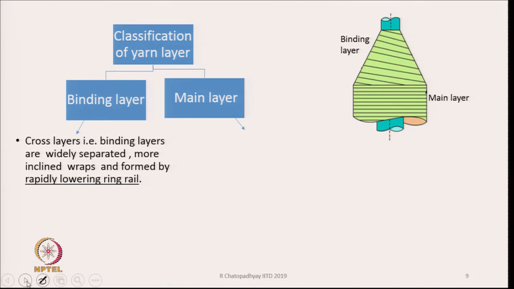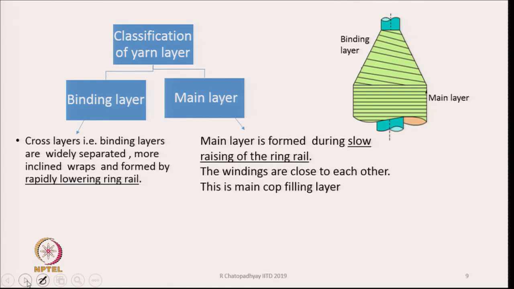Now, classification of layers. There are two types of layer that we form. One is known as the binding layer and the other one is known as the main layer. The main layer is formed during slow raising of the ring rail. See, the yarn is continuously being delivered. The ring rail is acting as a guide and the ring rail is going up and then coming down, going up and coming down.